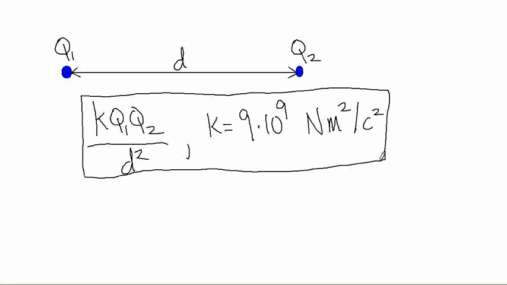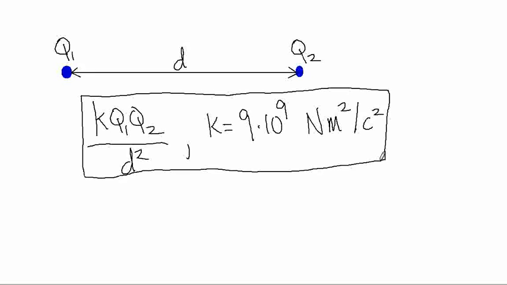Now, notice that structurally it's very similar to the formula for the force of gravity. For the force of gravity with respect to two objects separated by a distance d, with two masses, we multiply the masses together, we divide by d squared, and we multiply by a constant.